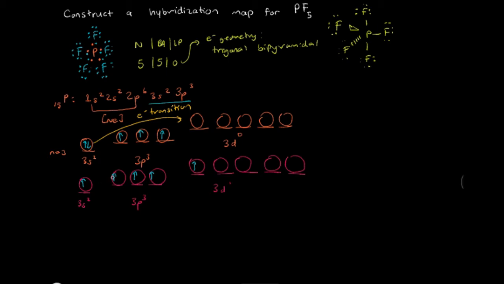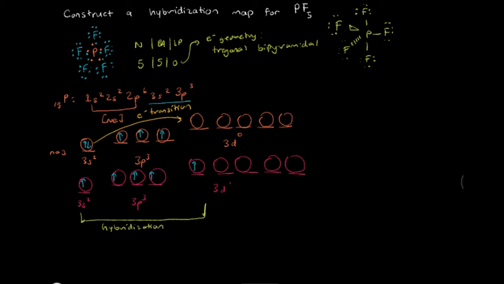Okay, so now that we have this excited state, we need to hybridize these orbitals, right? And we need to hybridize specifically this orbital, these 3 orbitals, as well as this last orbital. And we need to make sure that we have 5 half-filled orbitals, because if we do that, then we can have 5 sigma bonds.